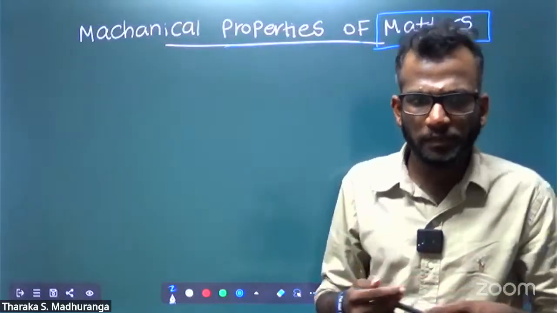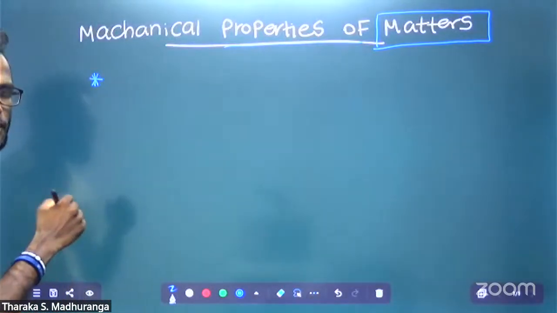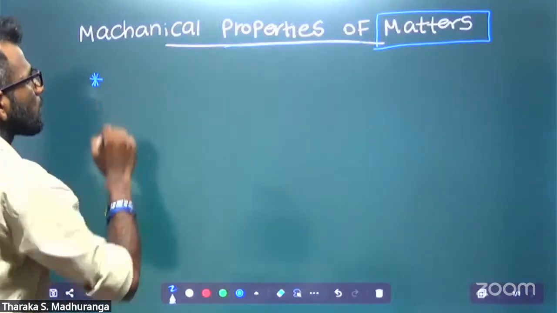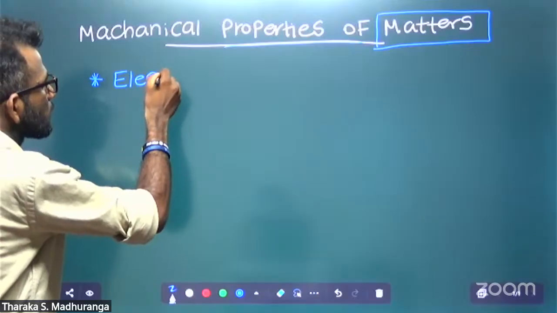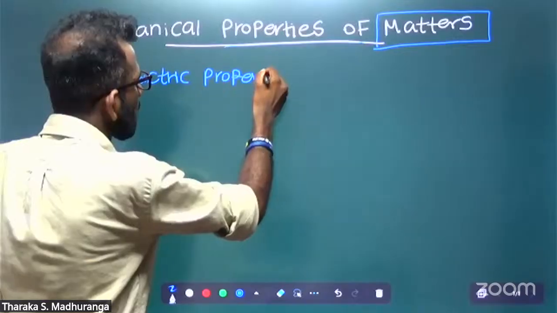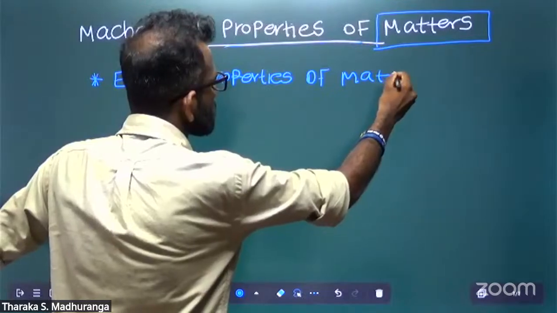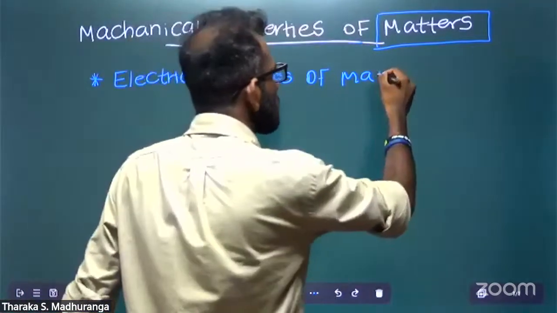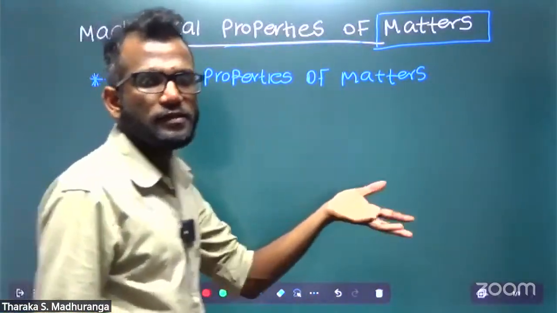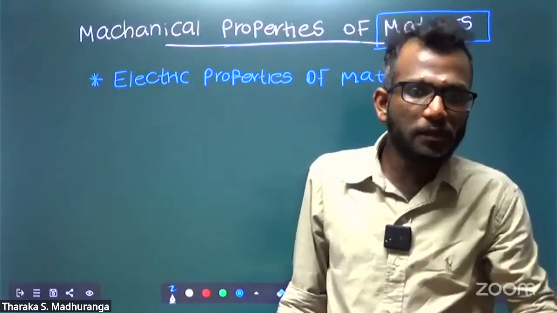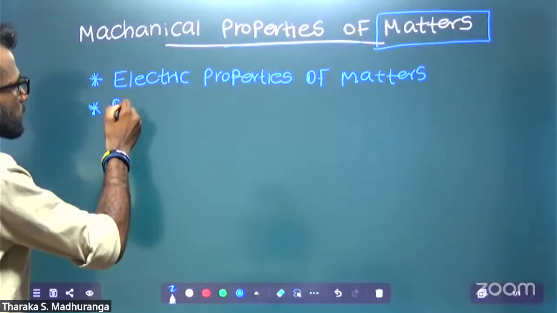The first is electric properties of matters. The second is physical and chemical properties of matters.